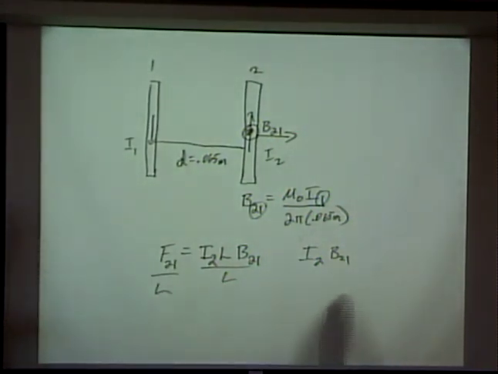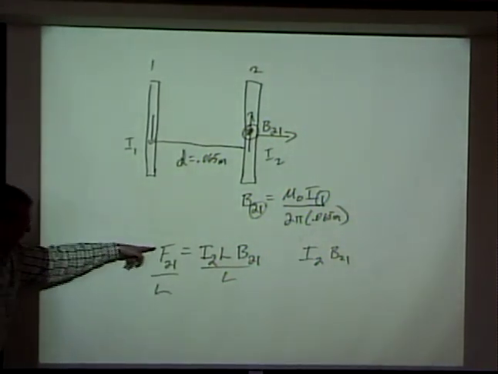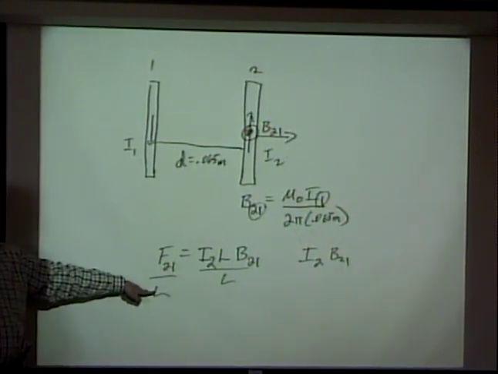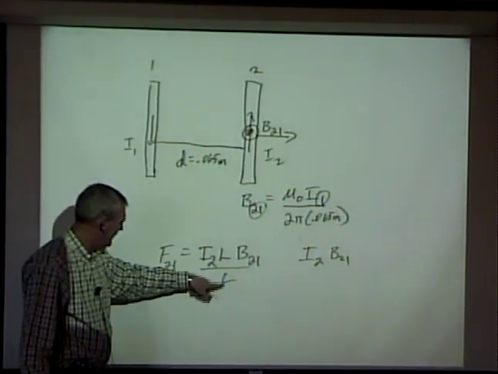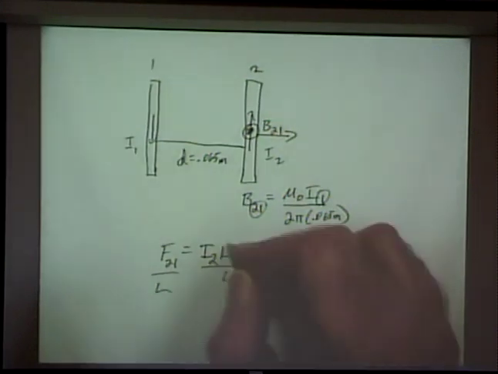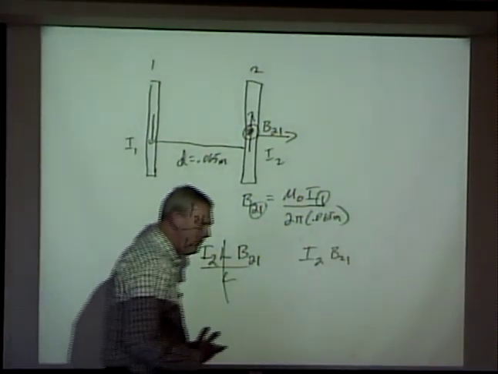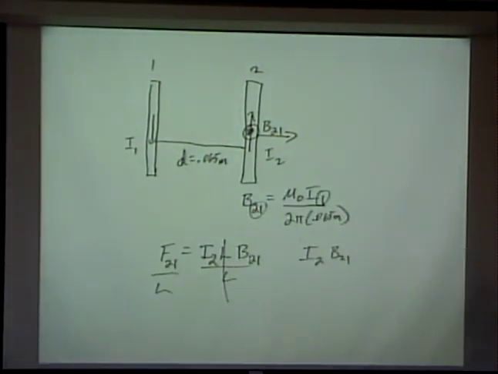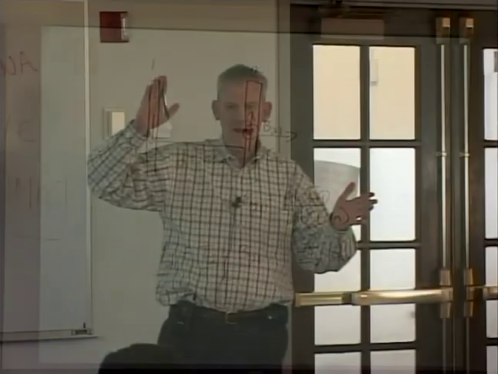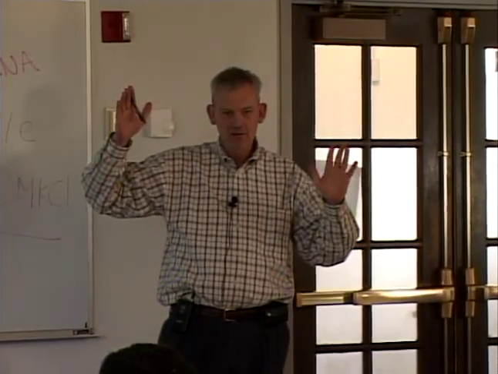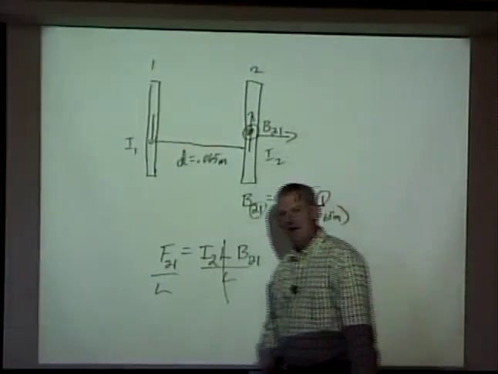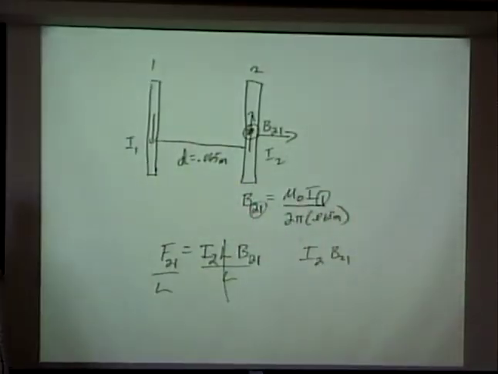I wind up with just the force per meter. So you don't put in the length of the wire because they didn't give that to you. So yours will just be I2 times B21, or however you want to do it.